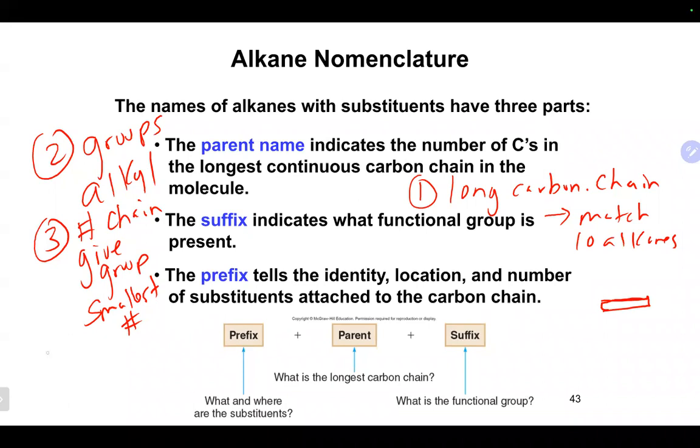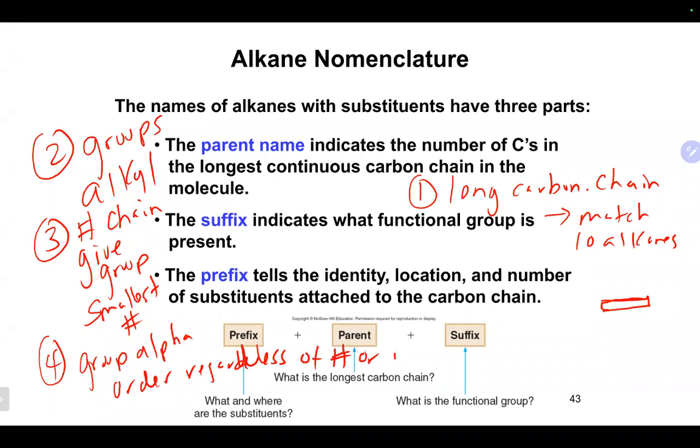Once you have that, we're going to put our groups in alphabetical order first, regardless of the number or the prefix. So it's possible to have, say, an ethyl group, which is E, and a methyl group in the same compound.